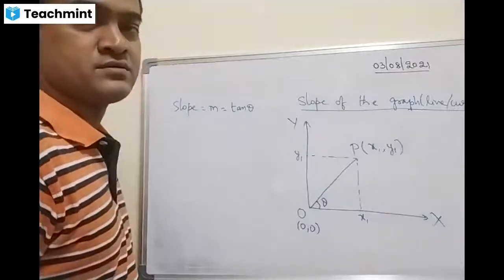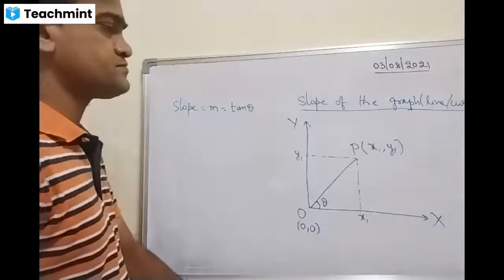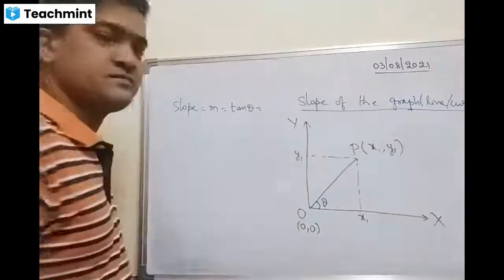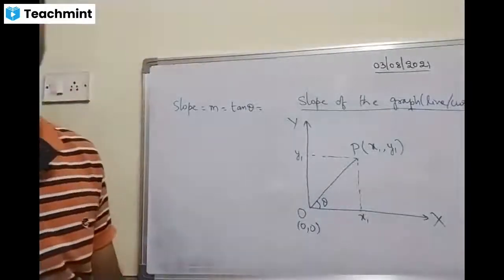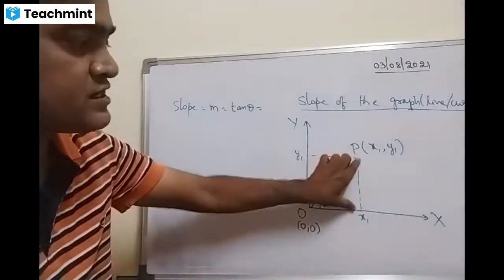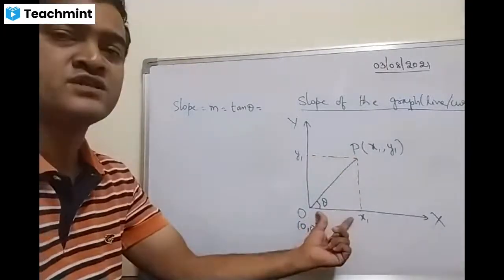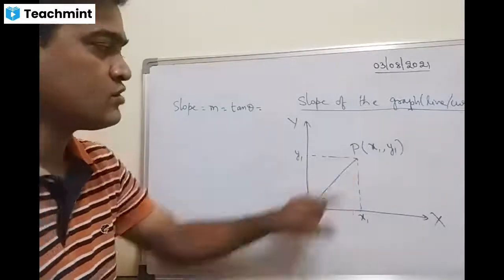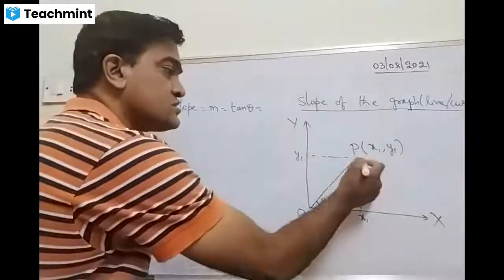Now let me write two forms. What is tan theta? Tan theta is nothing but opposite side upon adjacent side. What is this length I need to take?